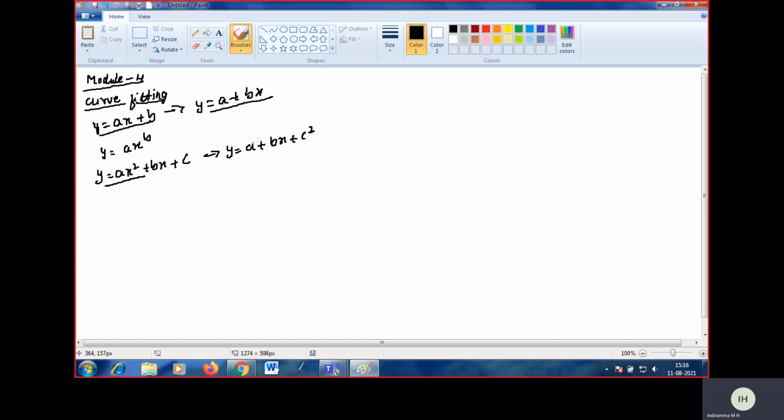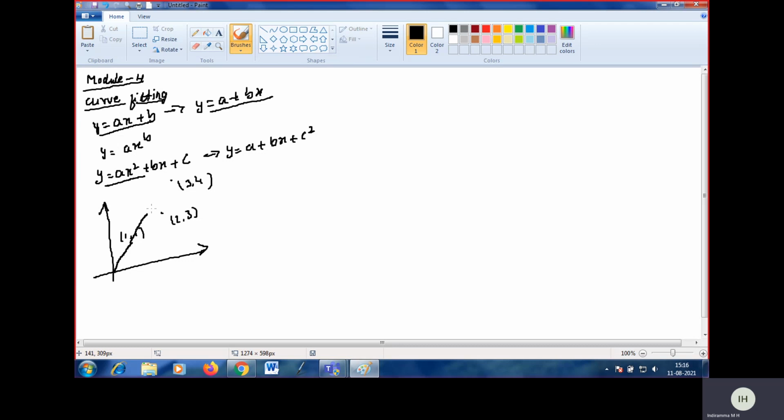So now we have to fit the best fitting straight line for the given data. Best fitting straight line means we have to draw the straight line which meets the maximum points it is going to reach. For example, if we have points 1, 1, then 2, 3 somewhere here, then 3, 4 somewhere here, I am going to draw a straight line.